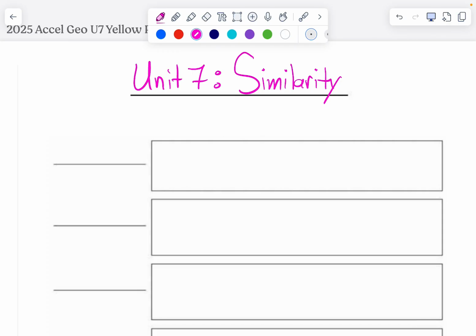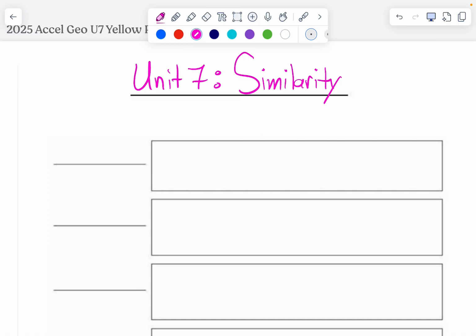What does similar mean just in everyday language? Closely alike. Could we say it like that? You guys agree with her? Okay. Does it mean the same? No. So we just finished 2 units ago. We finished congruence of triangles.